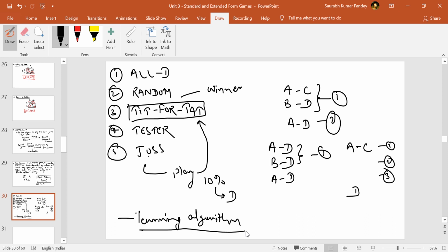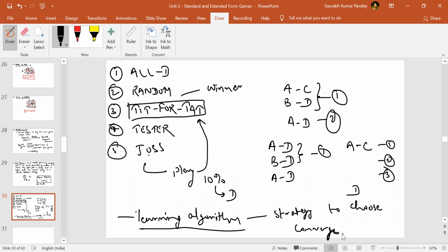Based on the situation, they must learn which strategy to choose that will converge my solution, so that I will get maximum benefit. My rationality will be higher than the rationality of the other prisoner. We will see in our next unit how learning algorithms can be applied.